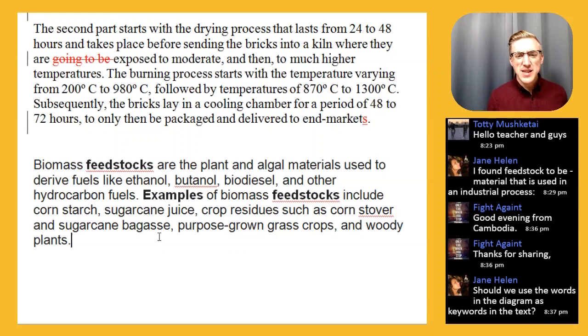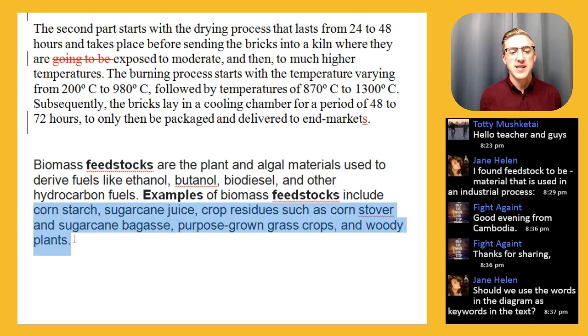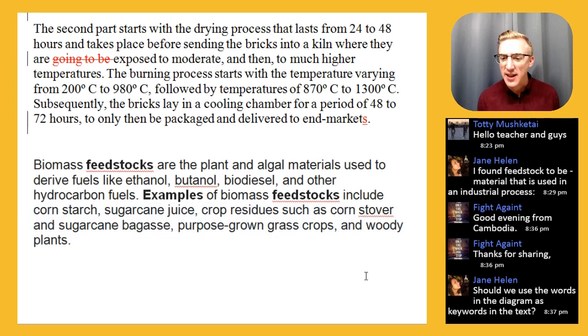It says biomass feedstocks are the plant and algal materials used to derive fuels like ethanol, butanol, biodiesel, and other hydrocarbon fuels. So these are examples of biological feedstock, but you can see that they are, well, shoot. To me, these seem like for fuel, but maybe I'm looking too specifically at the example.